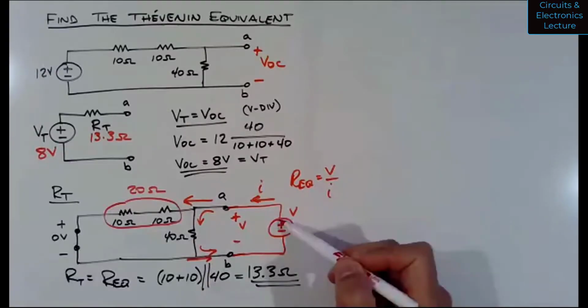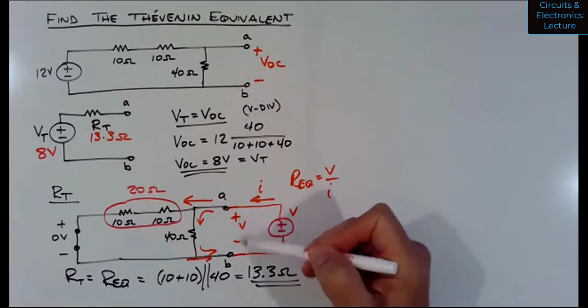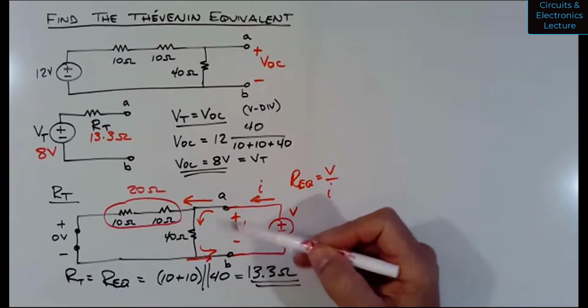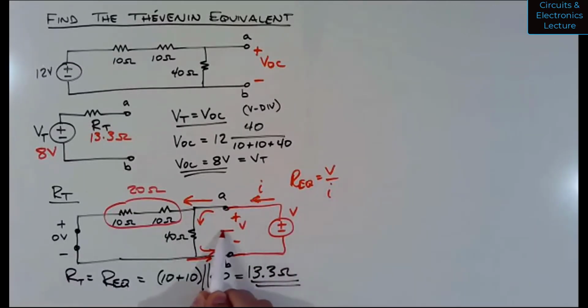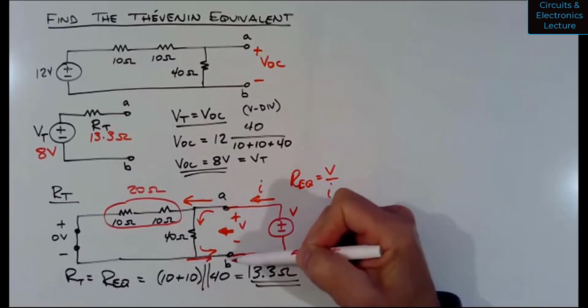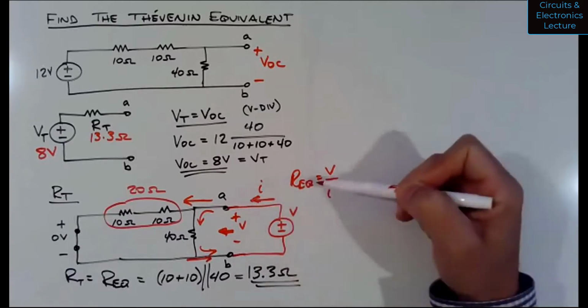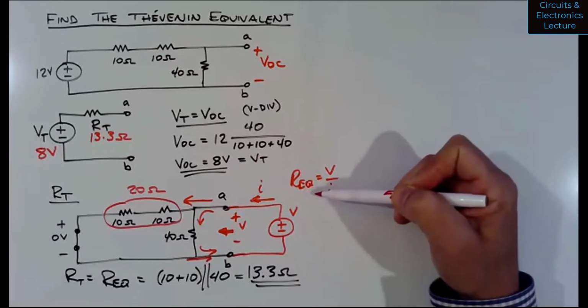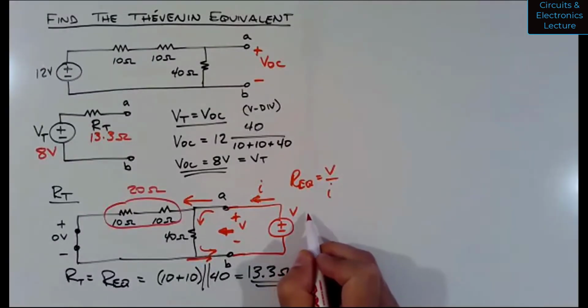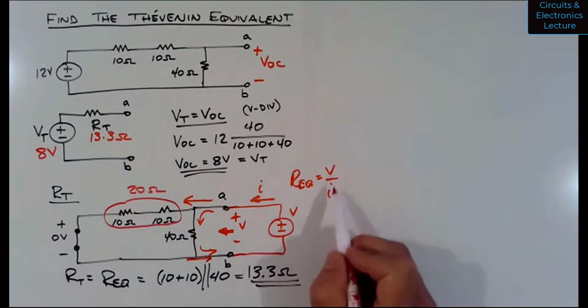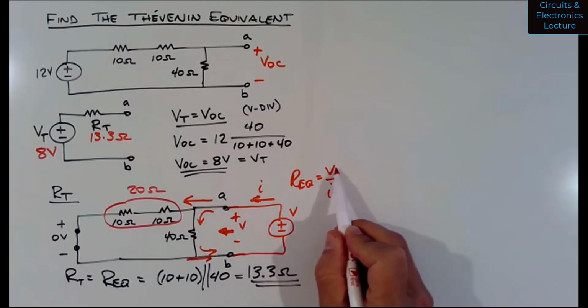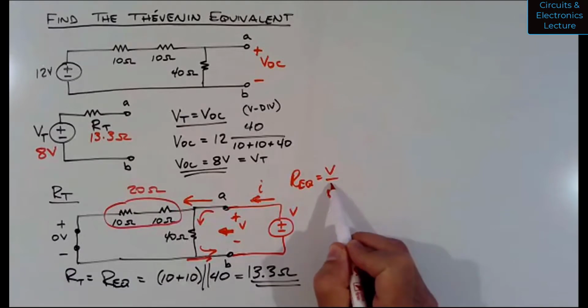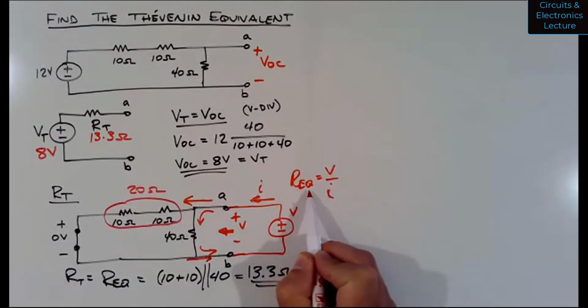Well, I'm saying we're acting as though we're applying a voltage to A and B to figure out, looking into this circuit in that direction, if I were to apply a voltage and calculate the current, what would the equivalent resistance be? So what is that voltage then? You can make it any voltage you want. You can make it 5 volts, 10 volts, 100 volts. It doesn't matter, because whatever V you use divided by whatever I you calculate will be a constant value.